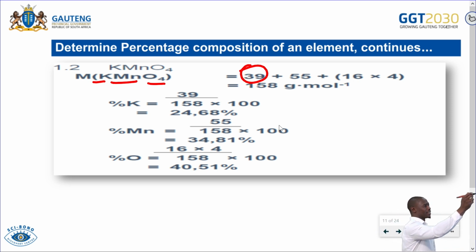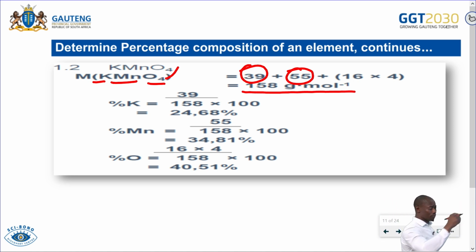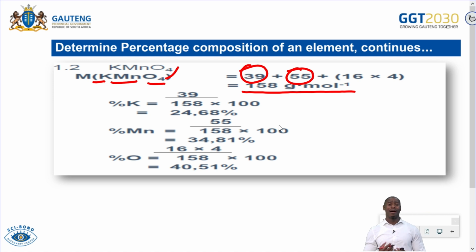And then manganese is 55. And then oxygen is 16. So it's 16 times 4 because there are 4 oxygen atoms there. So 39 plus 55 plus 16 times 4 is 158 grams per mole. That is the molar mass of potassium permanganate, all right?